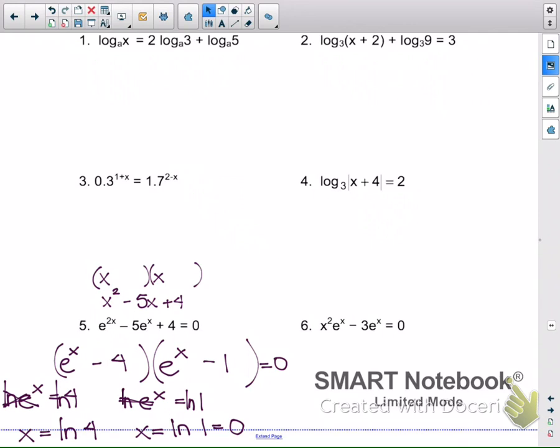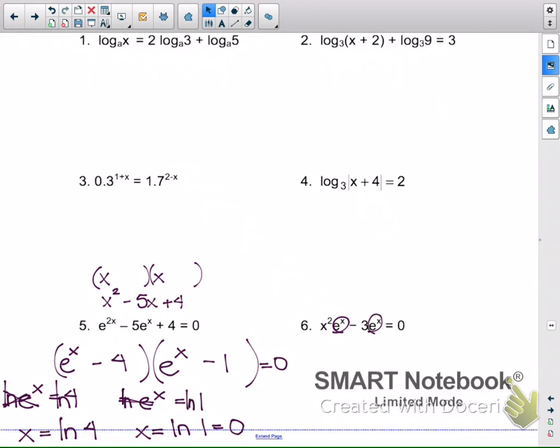You can also handle 6 a little bit like that. Okay? It's not set up like a quadratic, right? Because it's only got 2 terms. But we kind of did one similar to this when we did the not common base. What do you notice is common to both terms in question 6? The e to the x is common to both of them.